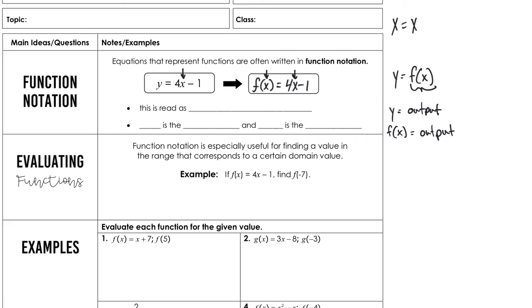That x doesn't change. That x is still what it was before. So if x was the input, it doesn't matter where that x is placed, it still represents the input.